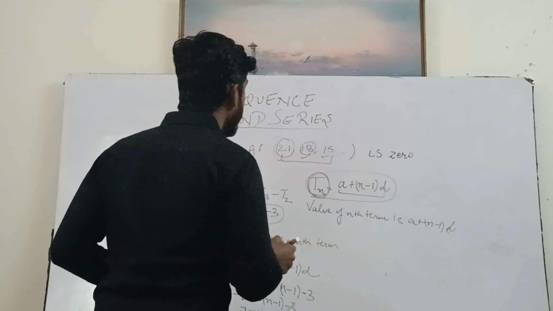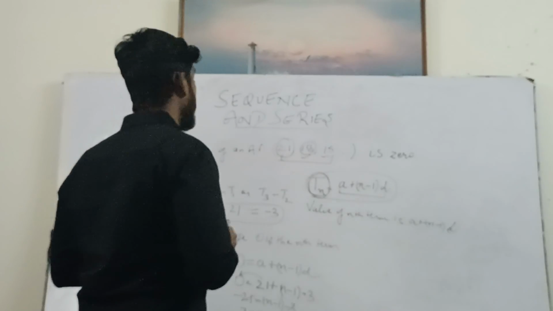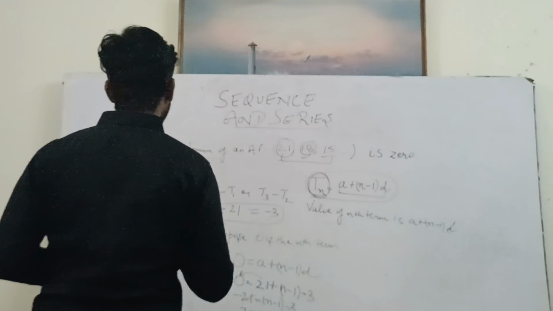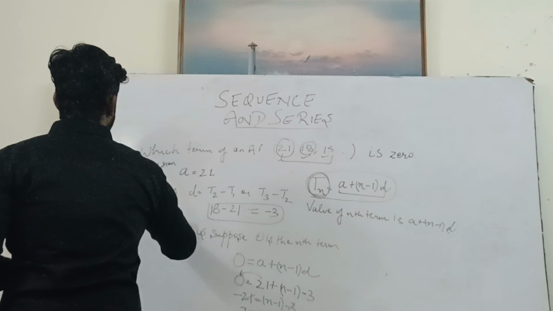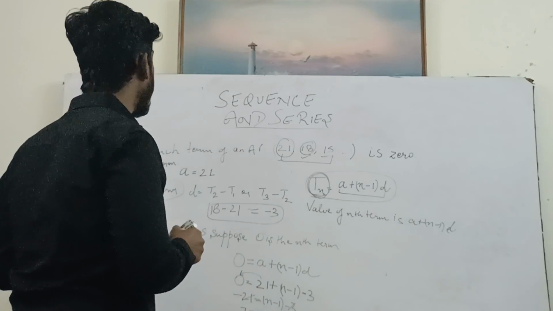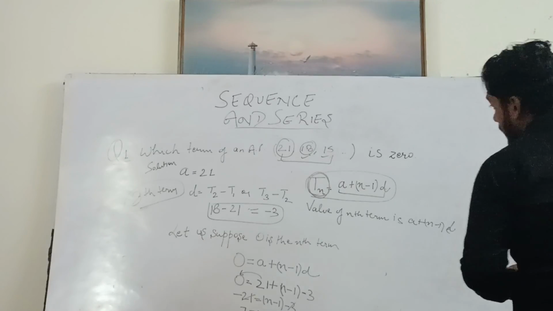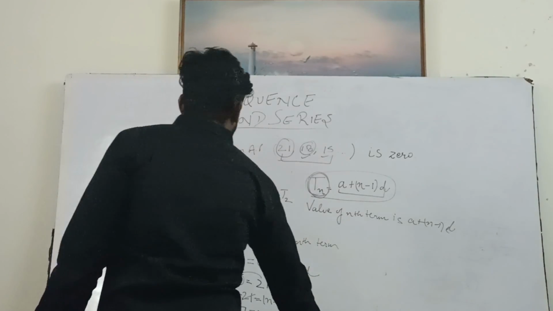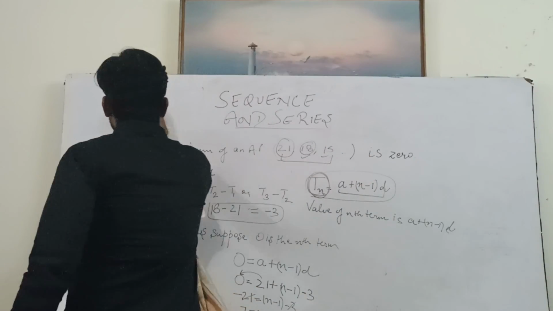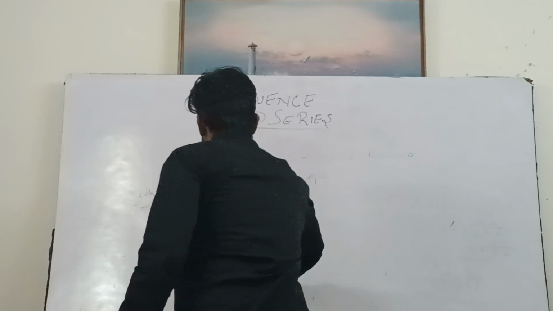So 0 is lying at the 8th position. So it is the 8th term. So 0 would be the 8th term of the AP. Is it clear? Okay. Now let's move ahead and deal with the next question.